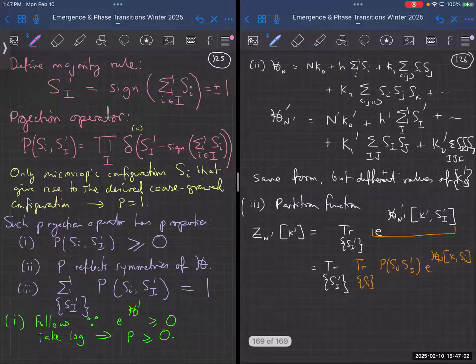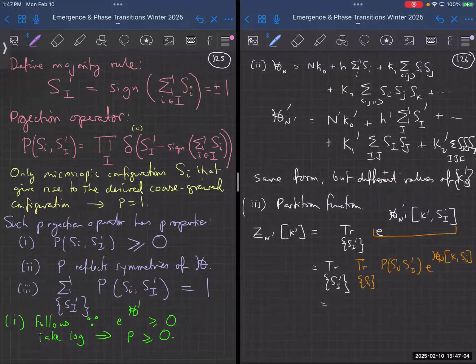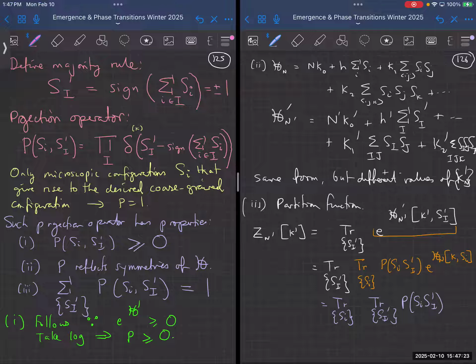And then I can swap round the order of summation. So this then is the trace over the microscopic degrees of freedom of the trace over the s_i prime, like that. I can just swap those round.